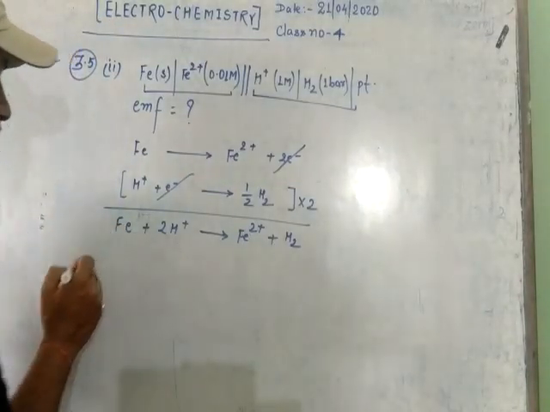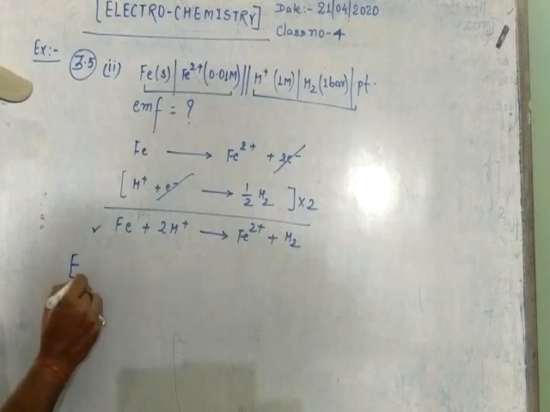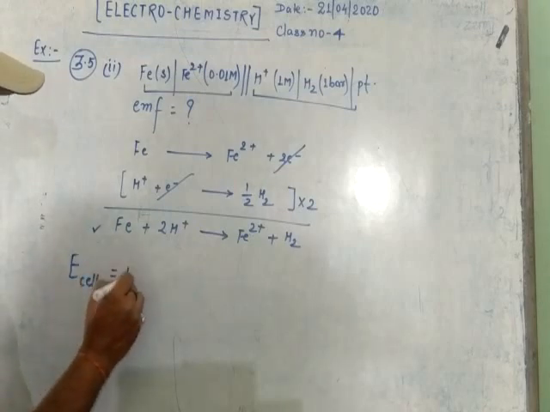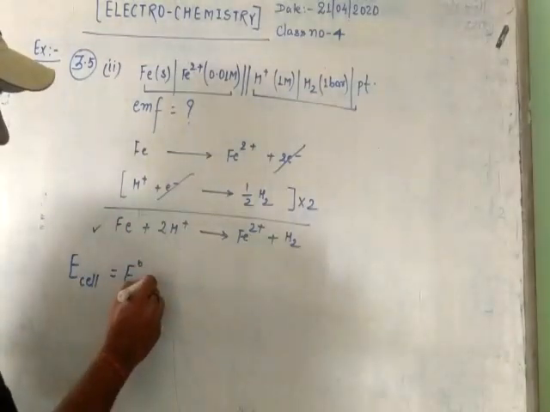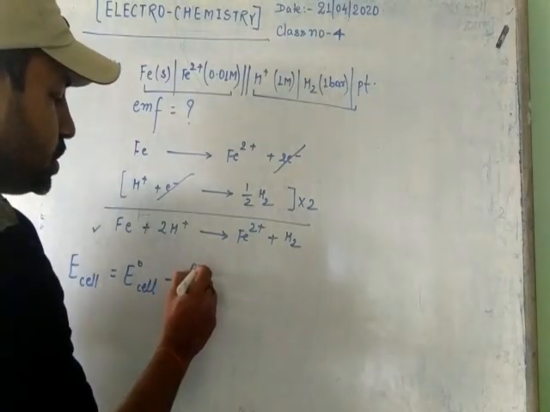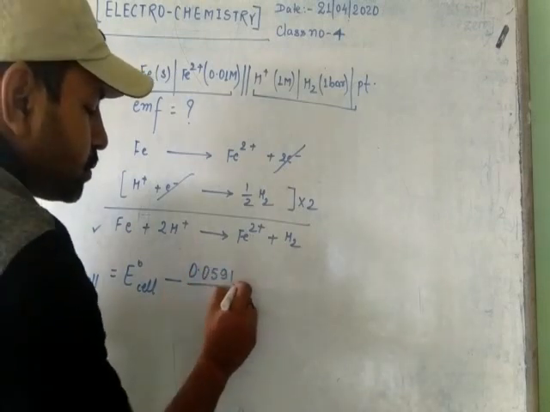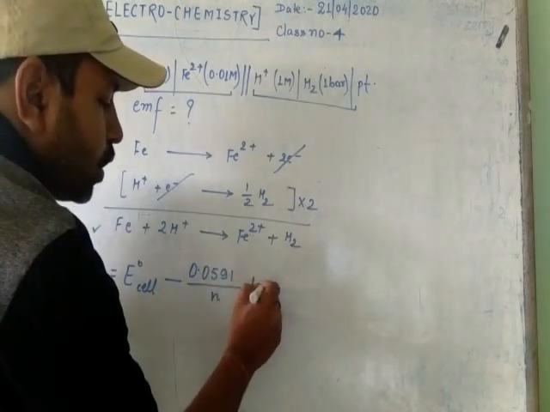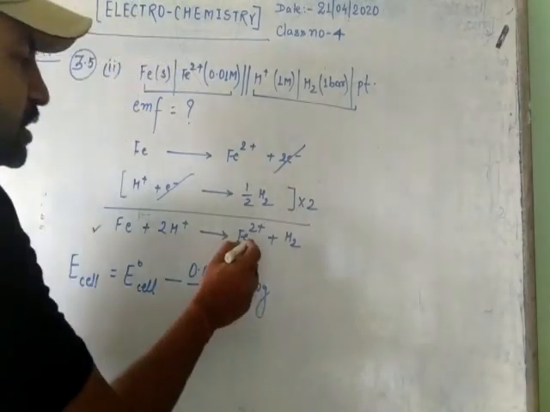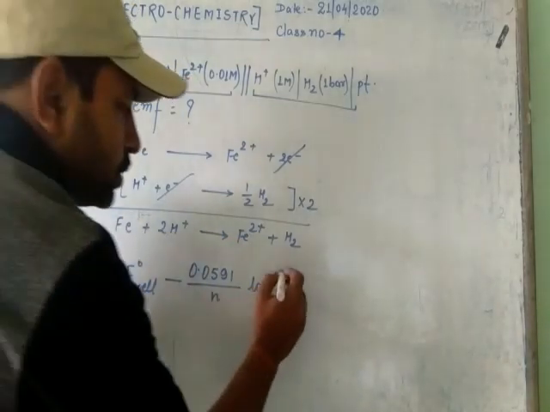So students, we write the Nernst equation for the following equation. We write E cell equals E naught cell minus 0.0591 by n log concentration of product by concentration of reactant.